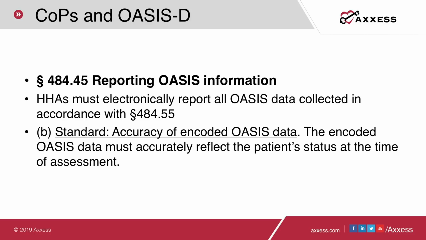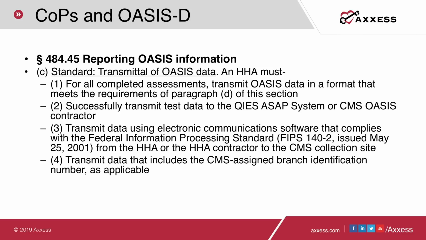Now that the updated and revised COPs have tied this accuracy to the COPs themselves, we see here that if we are going to participate in Medicare and Medicaid money, the encoded OASIS data must accurately reflect the patient status at the time of the assessment. And we're going to learn in the next part of the series how to actually capture this information accurately. What are those true rules and what are the strategies we're going to use to get accurate information? But I just want to stress to you that this is a COP, that this information is accurate.